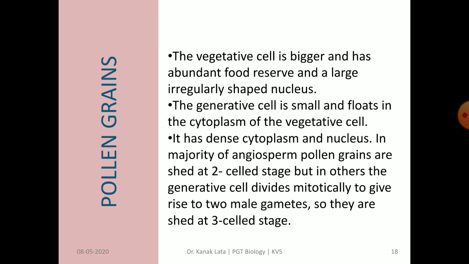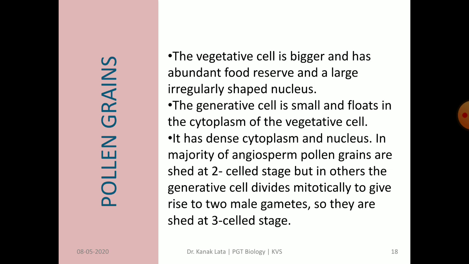It has been seen earlier that mature pollen grains contain two cells, the vegetative cell and generative cell. Among these two cells, the vegetative cell is bigger and has a large amount of reserve food material, and it also has a large irregularly shaped nucleus, whereas the generative cell is small and floats in the cytoplasm of the vegetative cell. The generative cell has dense cytoplasm and nucleus.